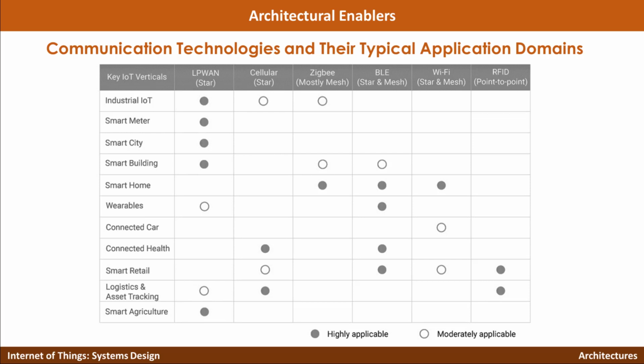But if you remember, when we talked about these domains in lesson number 1, I mentioned that different people name and classify them in different ways. So if you find some disparities between lesson number 1 and these categories, don't worry about that, because that is what it is. People classify these verticals and domains in slightly different ways, but you will see very similar things like buildings, cities, meters, connected health.